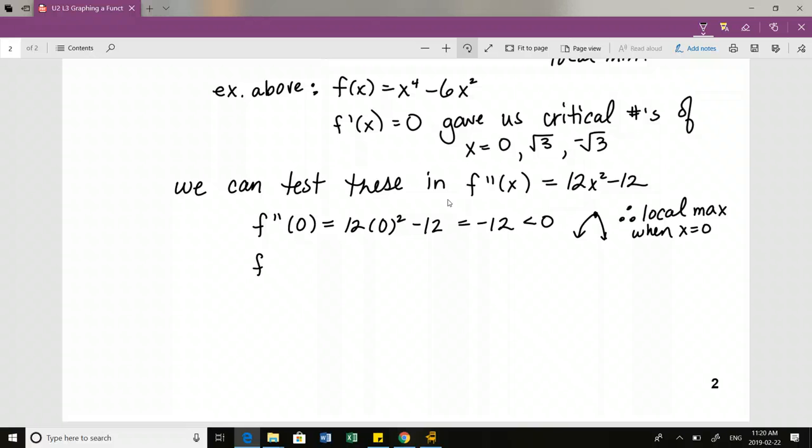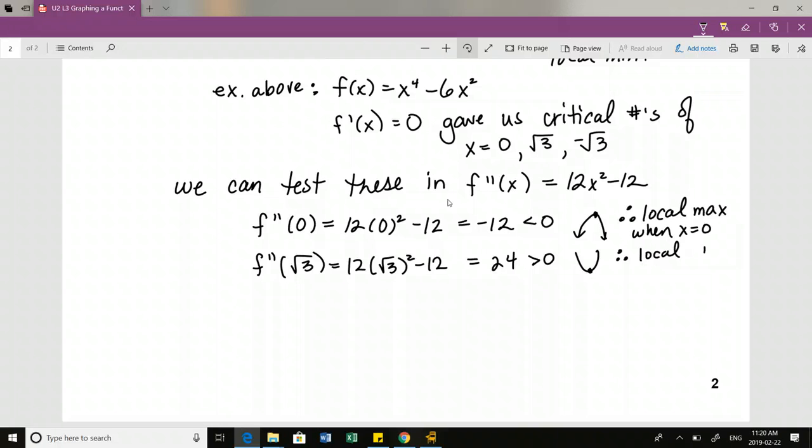Okay, and then I'll do a quick test in here with root 3. And we'll see what that gives us. Again, I'm mostly concerned whether it's positive or negative, but if you want to calculate it, that's fine. I think we get 24. Because that's greater than 0, I have a concave up area, telling me that at root 3 we have a local min or max? Min, yeah. So local min when x equals root 3.